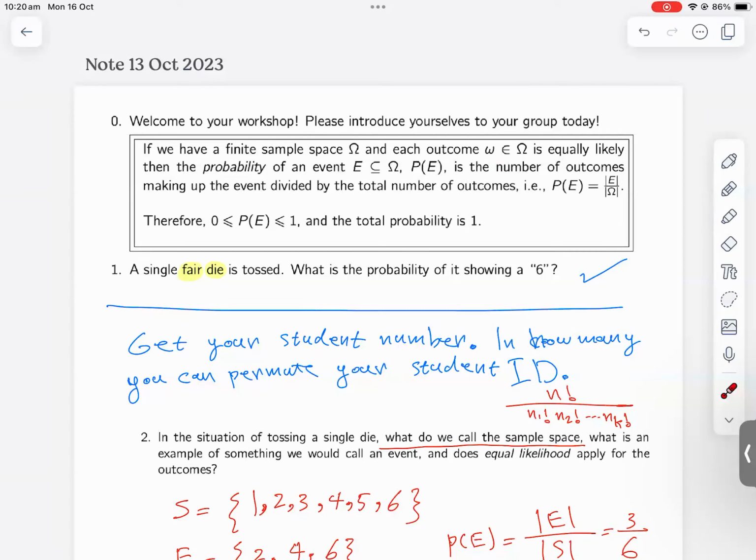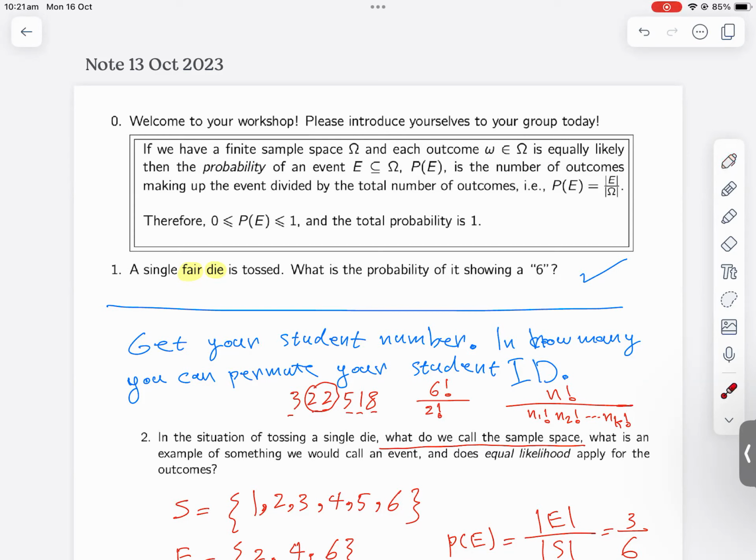So if you have something like 3, 2, 2, 5, 1, 8, the answer is 6 factorial, but one of the numbers has been repeated, so you should divide it by 2 factorial. The other ones you don't need to do anything else, so 1 factorial for the rest.